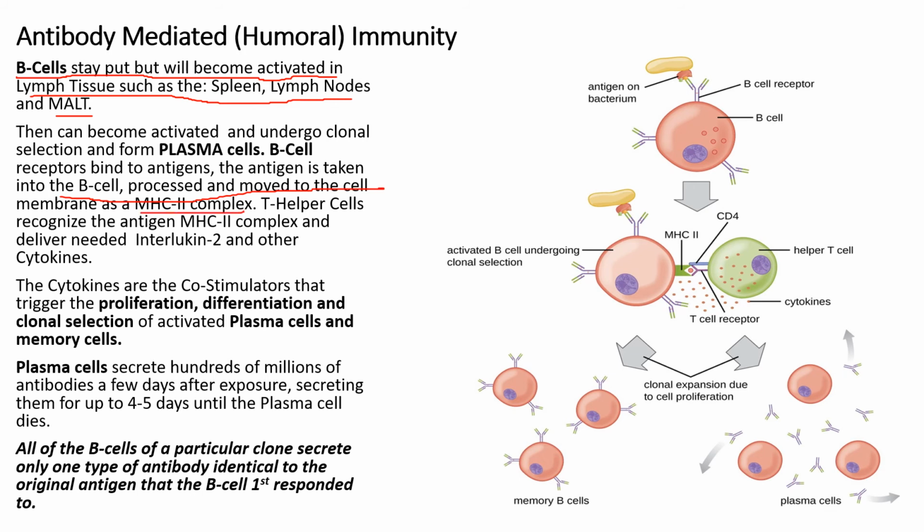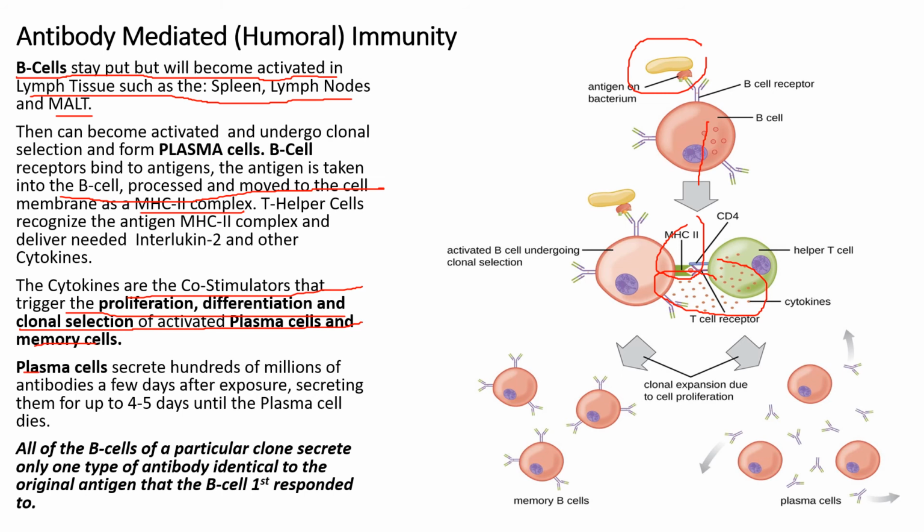So here's the B cell, here's the antigen, taken into the cell, and it incorporated this MHC2, right? Okay, so it's recognizing it, and the complex needed, MHC2 delivers needed cytokines, and that's what's really going to activate. The cytokines are the co-stimulators that trigger the proliferation, differentiation, and clonal selection of plasma cells and memory cells.